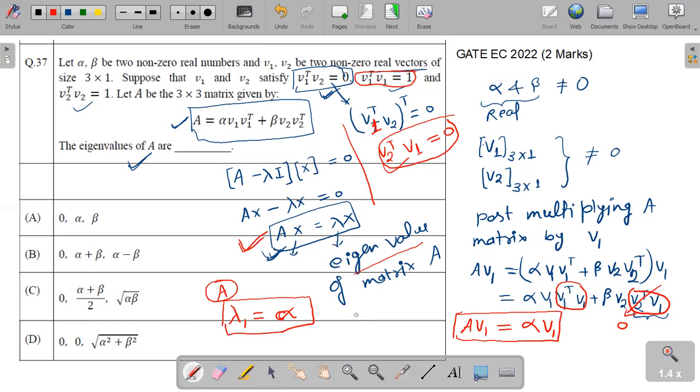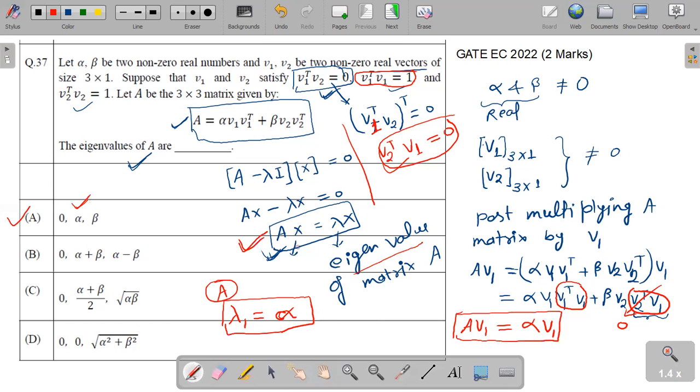From here you can directly choose the option in which the eigenvalue alpha is given. This is given in option A, and none of the other options has the eigenvalue alpha. So you can directly choose option A, which is the correct answer.